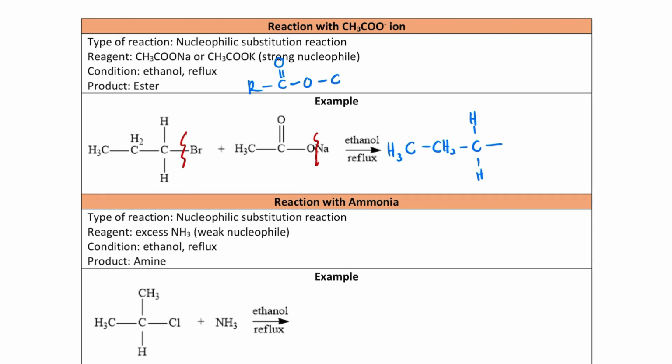Lepas tu bonded with oxygen, and then C double bond O, and then CH3. So ini adalah ester lah sebab C double bond O, C. So this is ester. And then the side product, side product dia adalah NaBr.